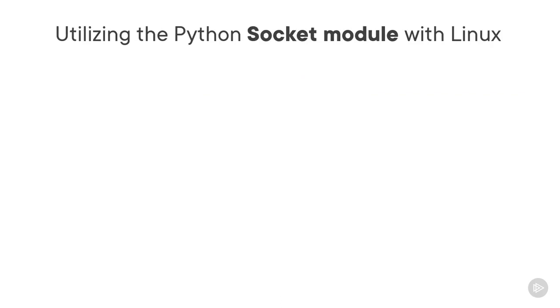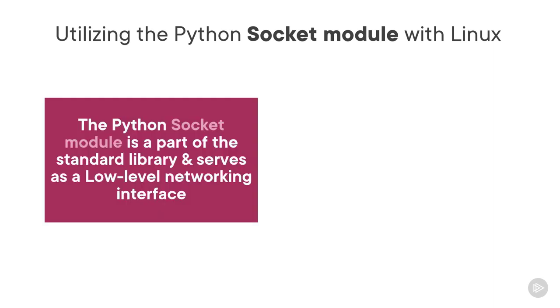Now, the next module we want to talk about is the socket module. And this is basically going to give us a low-level networking interface so we can interact with the networking on our servers. Now, this is another module that's a part of the standard library that just comes out of the box with Python.